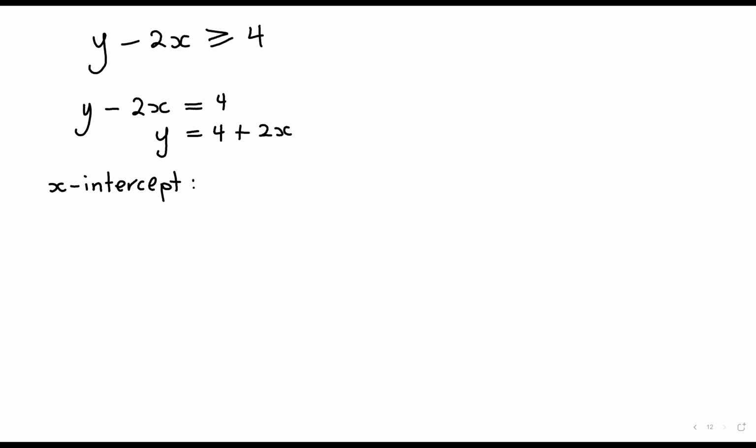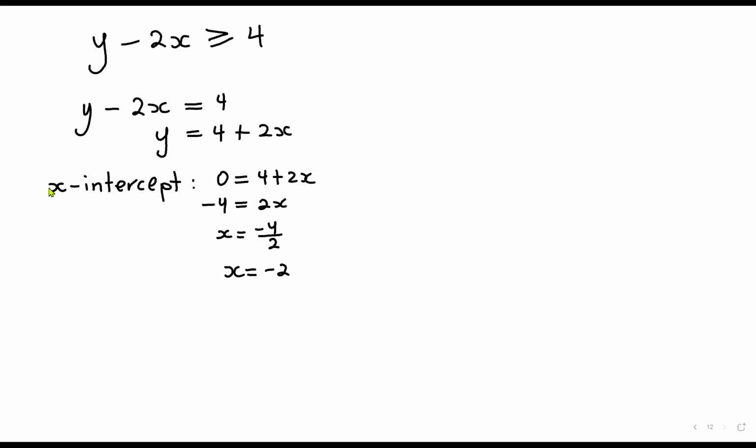So 0 is equal to 4 plus 2x, so negative 4 is equal to 2x, and x is negative 4 divided by 2, which means x is negative 2. So now I know my y-intercept is 4 and my x-intercept is negative 2. I can go ahead and sketch my line.